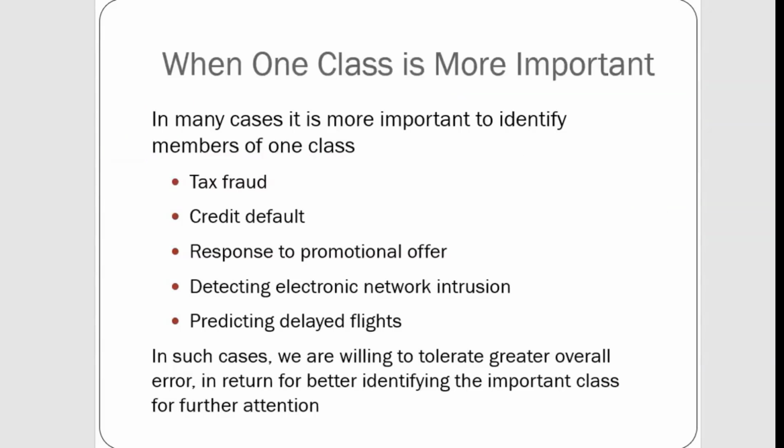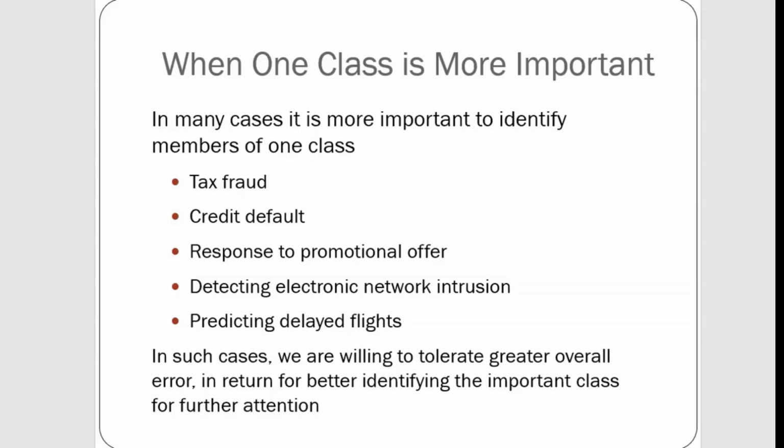Before we get into lift, let's see when this might be useful. Suppose our business problem requires us to identify class 1 with a higher priority. Some cases could be trying to identify which records might commit tax fraud, which might default on their loan, or which people would respond to a promotional offer.